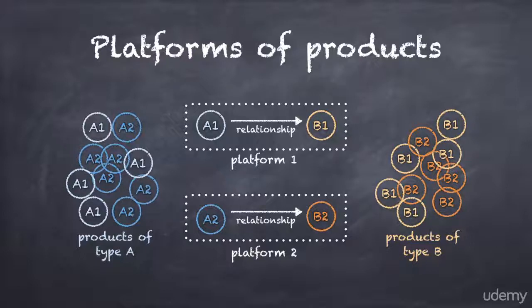To use the pattern effectively, you must have a large collection of objects that you can group into at least two platforms, with each platform containing the interoperating set of products.